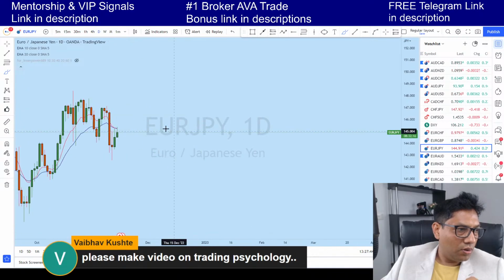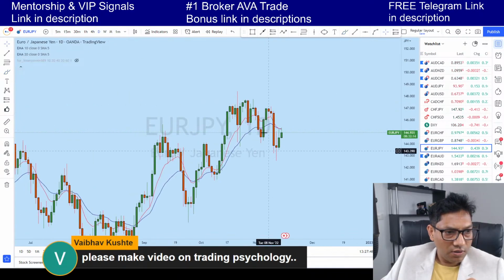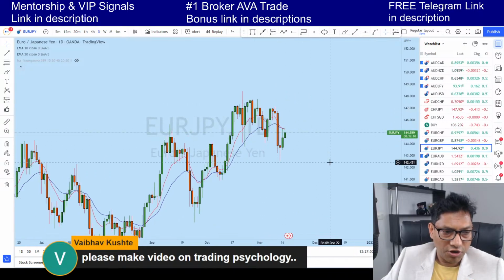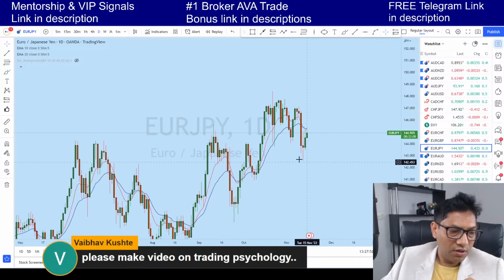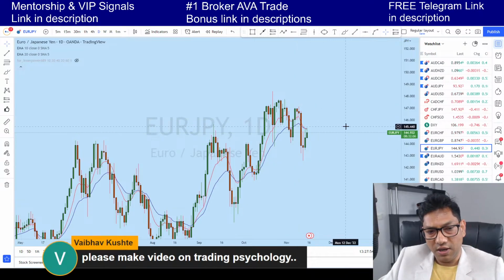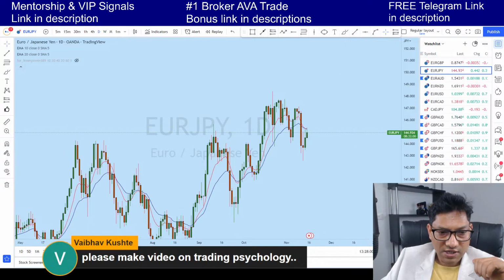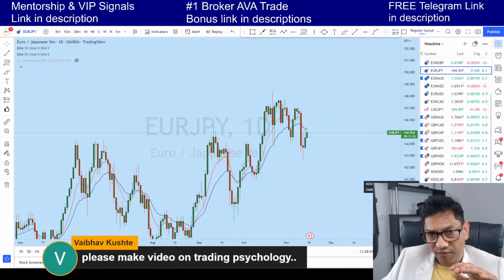I try to avoid this kind of price action. It's difficult to predict sideways price action. I love to trade the market that is trending. It's very good to trade, especially when the price creates a false breakout and then starts to move in the direction of the trend.